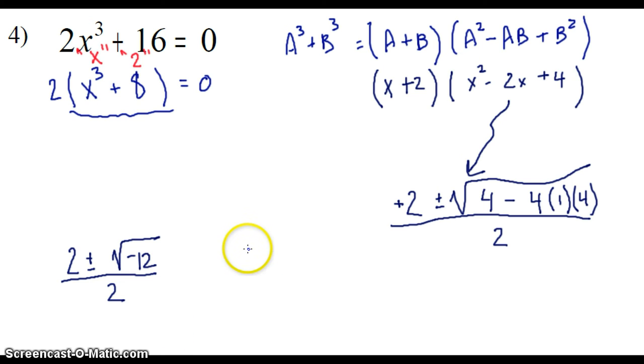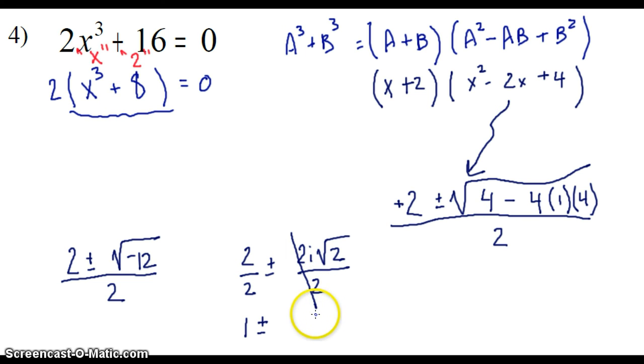Okay, split those two apart. I have 2 over 2 plus or minus root negative 12, which is the square root of negative 4, which is 2i, and then root 3 all over 2. So I can reduce this. 2 over 2 is 1 plus or minus 2i root 3 over 2.